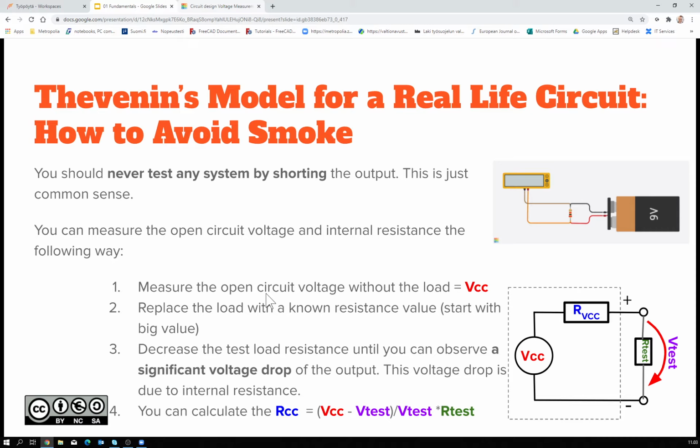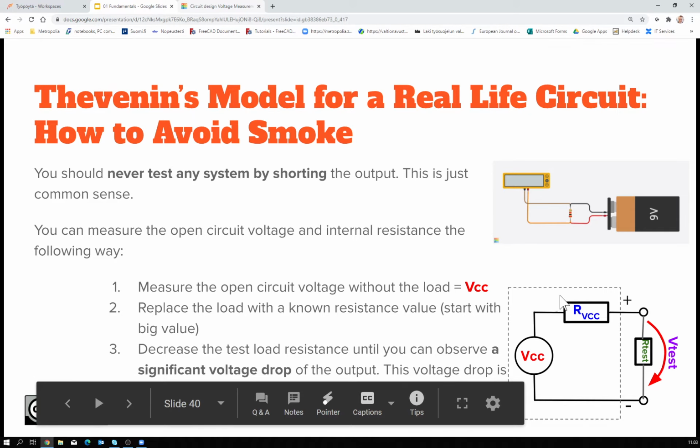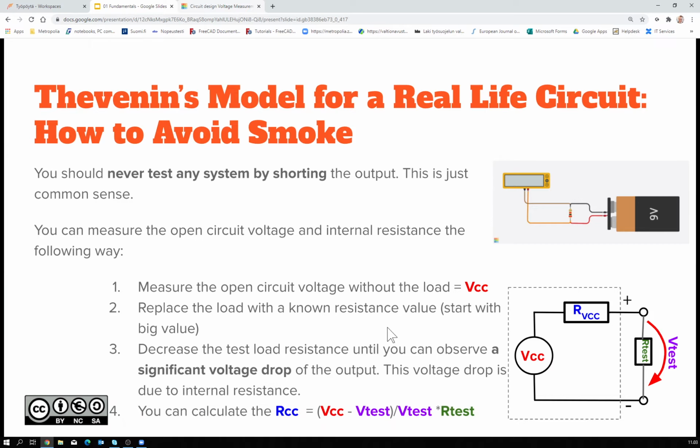Basically, it's the voltage division formula, but in a different way. We have a voltage drop VCC minus V test here, and we know the value of the resistor. We know the current.